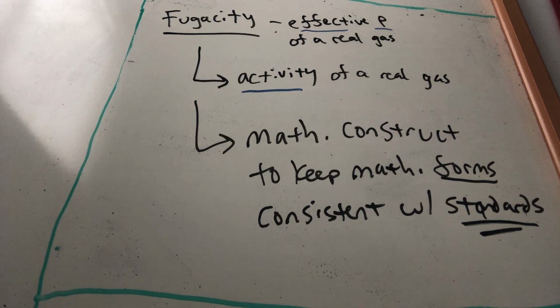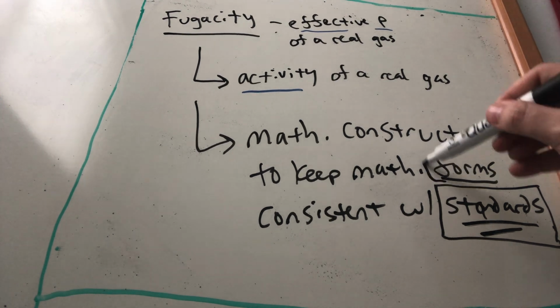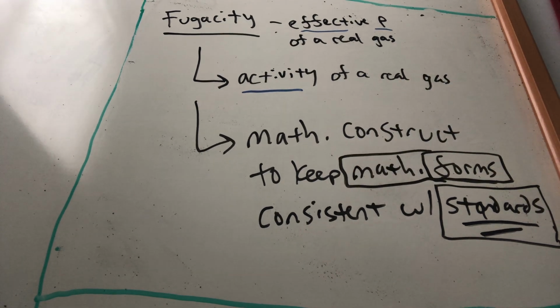What we're going to see even today is what we'll have as a standard that we'll be discussing. That's an ideal gas standard. So in that ideal gas standard, P comes out as a natural variable, just pressure, right? Now some math will change for real gases, but we want to keep the mathematical forms the same. It's all about keeping these mathematical forms the same.